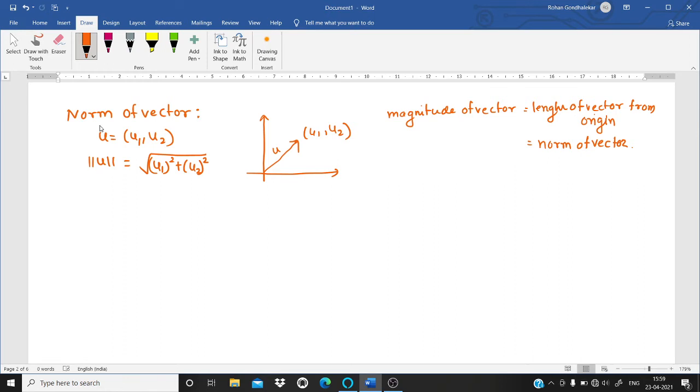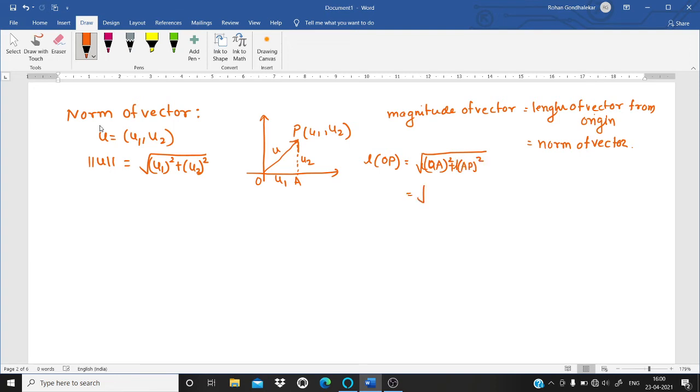So now what is this? It gives me this distance is u1, this distance is u2. If I want the length of u, this length, that is OP, then by Pythagoras formula, length OP is a square root of, okay, I call this as OA, length of OA square plus length of AP square.